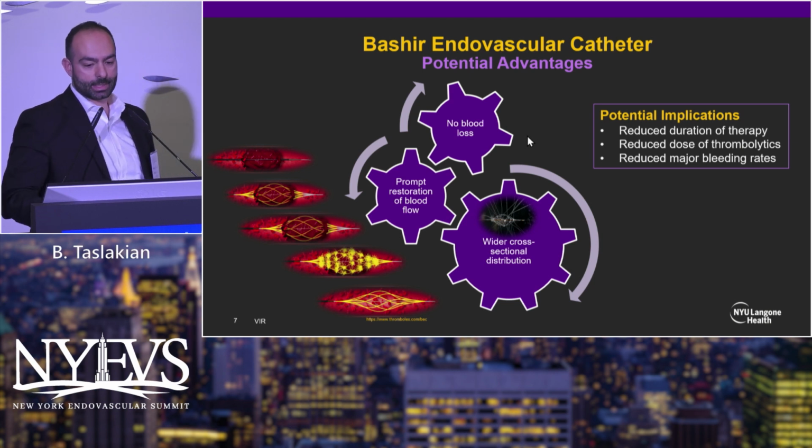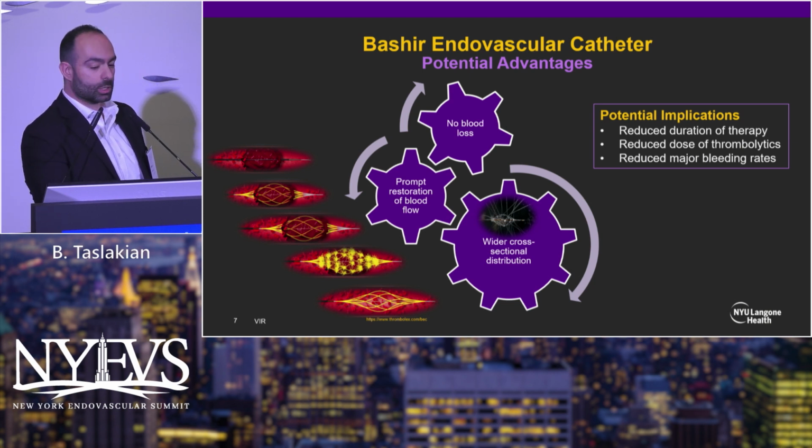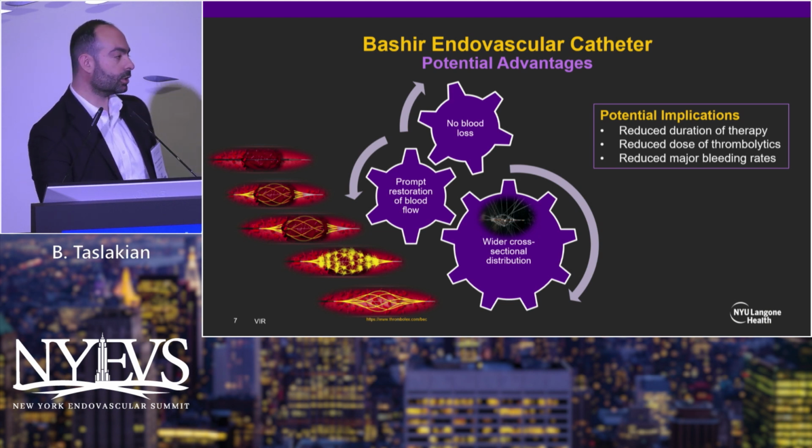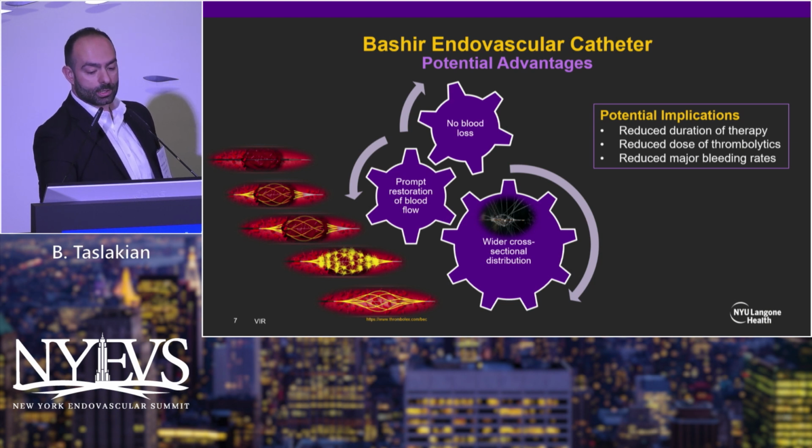So these are basically the potential advantages of the catheter. Of course, there are so many devices in the field, whether thrombolysis or thrombectomy devices, but the potential advantages are no blood loss, prompt restoration of the blood flow because of the creation of the fissures, and the wider cross-sectional distribution.